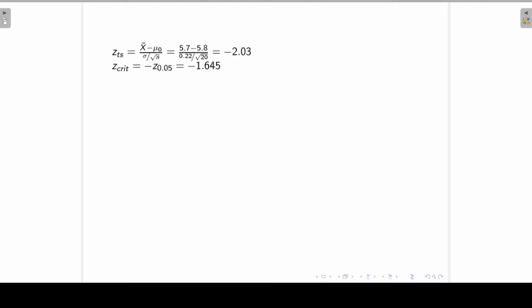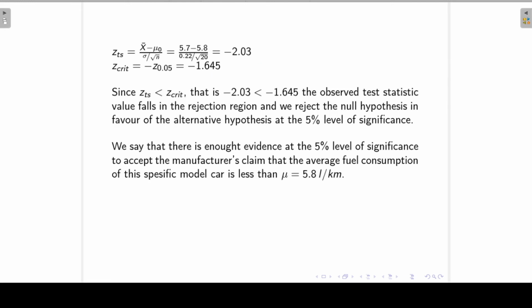So we can say that my standardized test statistic is minus 2.03. My cutoff value or my critical value is minus 1.645 because my test statistic value lies to the left of my critical value. It lies in the rejection region.